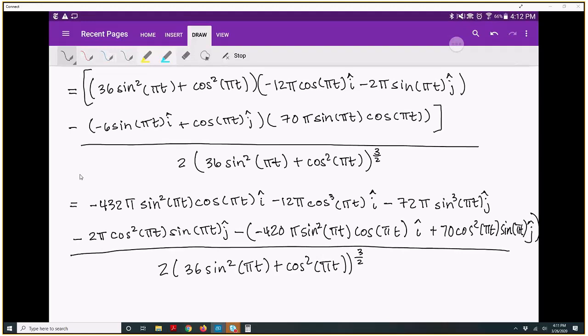And then I just forgot a pi here. So let's see if we can squeeze it in. All right, and then we'll keep simplifying.